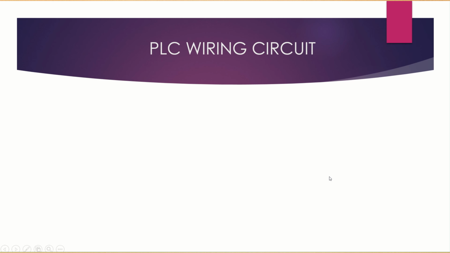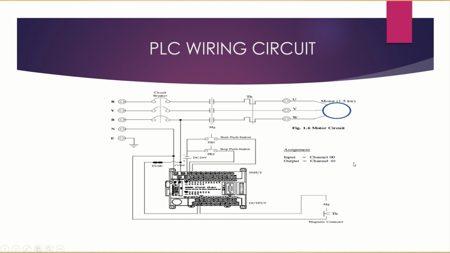Compared to the conventional, we have the PLC wiring circuit shown. Same, the motor circuit is the same as the conventional motor circuit. And then we have here the input devices. These input devices are wired or terminated to the input module here.